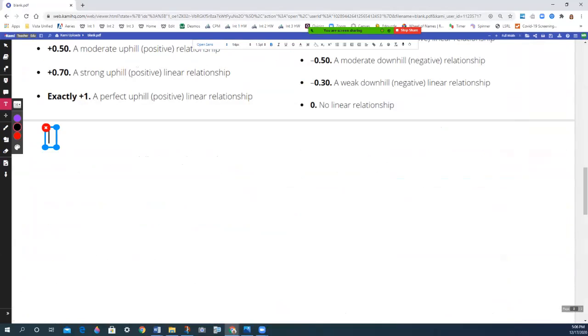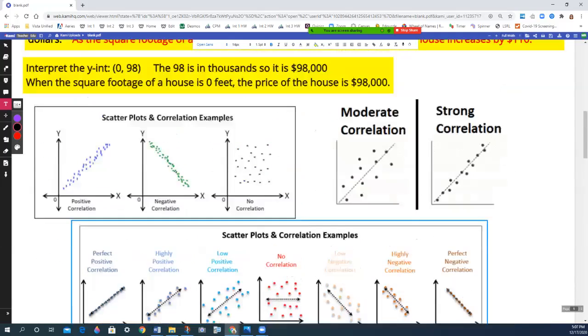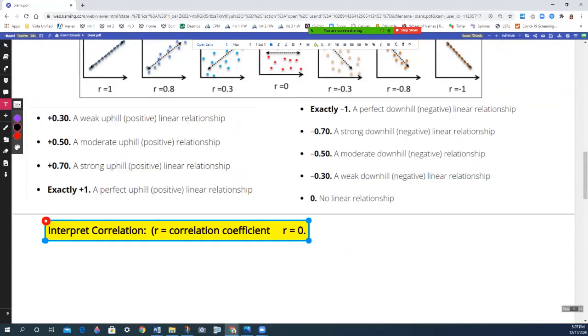And I'm going to start with interpret correlation. They might say association. And so we're talking about R, which equals the correlation coefficient. And in this case, R is equal to 0.7621.